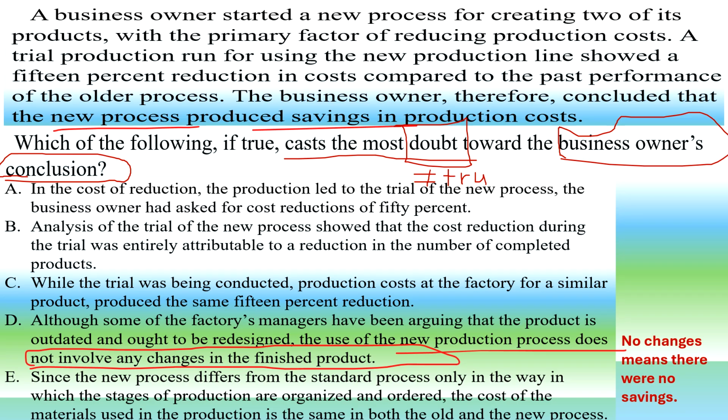Your mind has to go forward and then come back and go backwards. So here's this, not true. Okay, now when we go to D, this is the reason it was the answer. Outdated, to be redesigned, forget about that. You don't need to even know that for this question either. The use of the new production process does not involve any changes in the finished product. He thinks that the process produced savings. No changes means there were no savings.